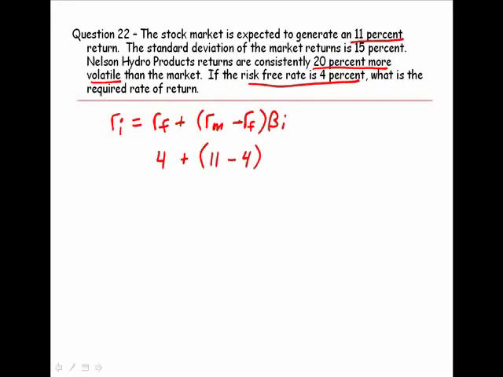And the beta of the asset is going to be 1.2, because these returns are 20% more volatile than the market returns, and we know that the market has a beta of 1.0. So when we multiply this and add, we get a required rate of return of 12.4%.